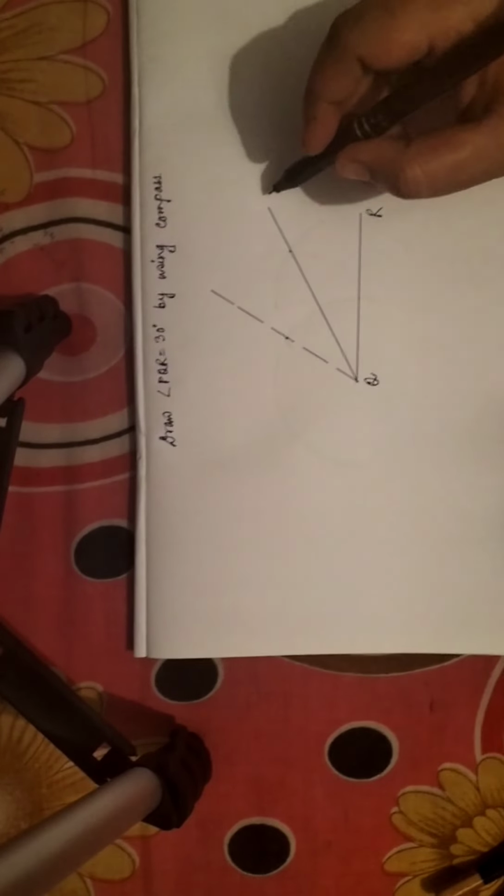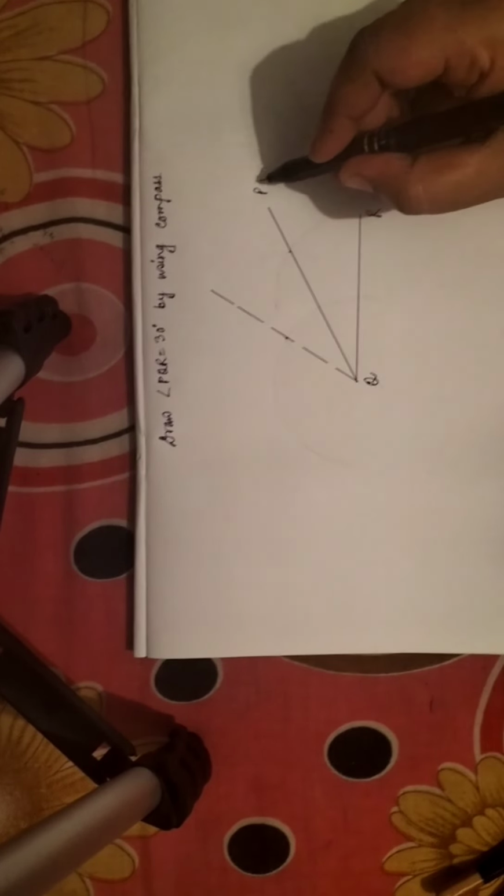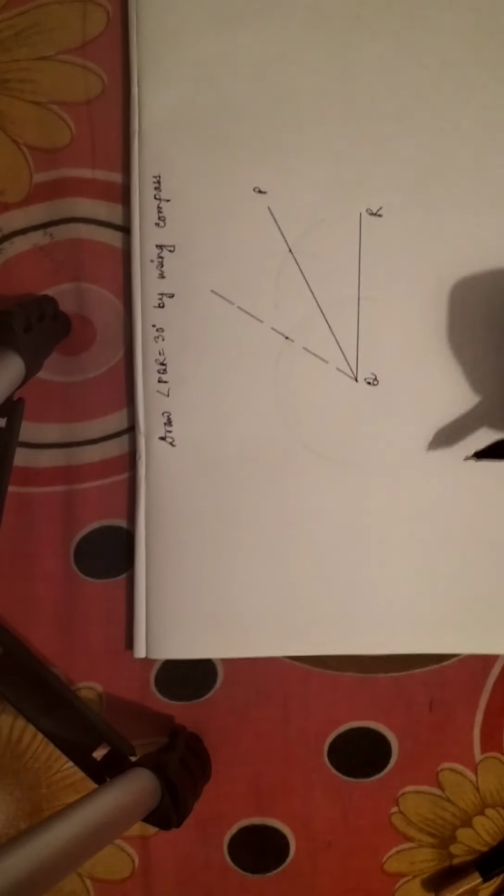Now this point of intersection is joined with Q and is extended up to P. So here angle PQR, which is of measurement 30 degree, is found.